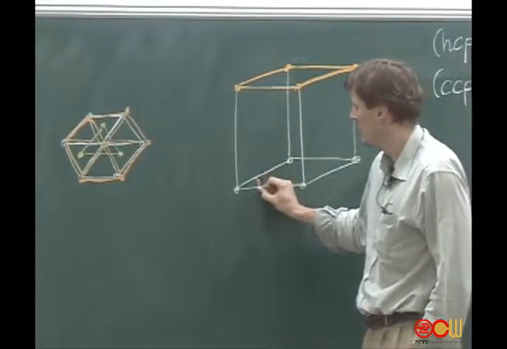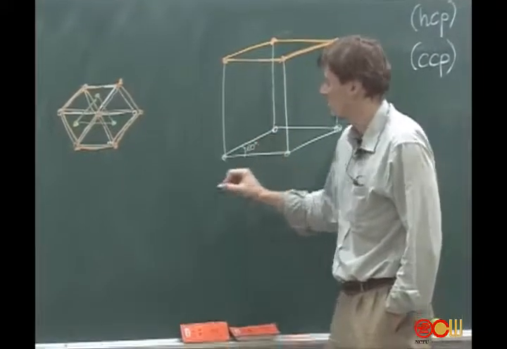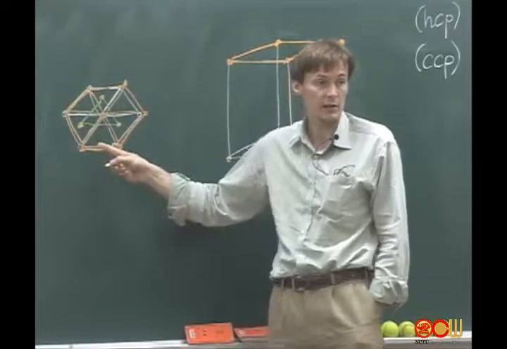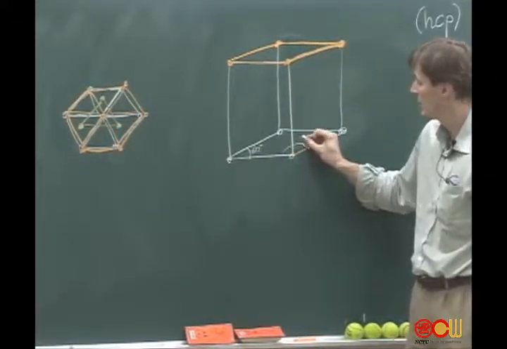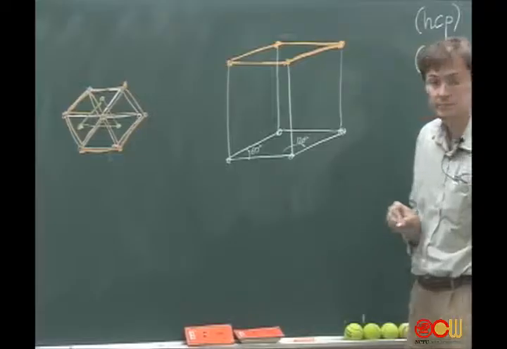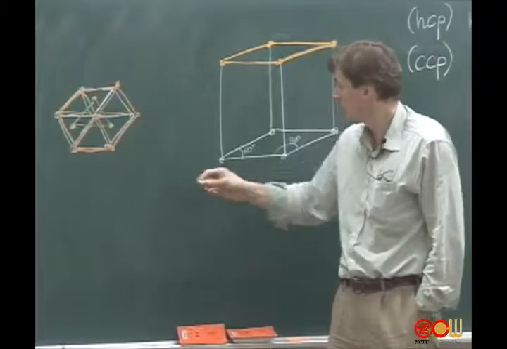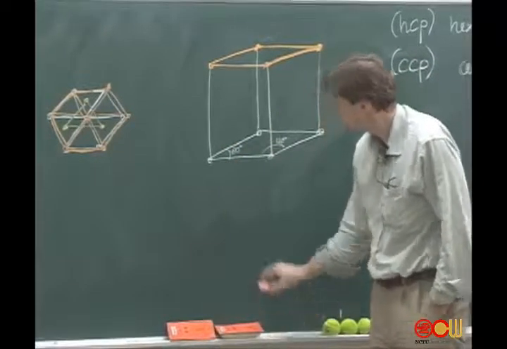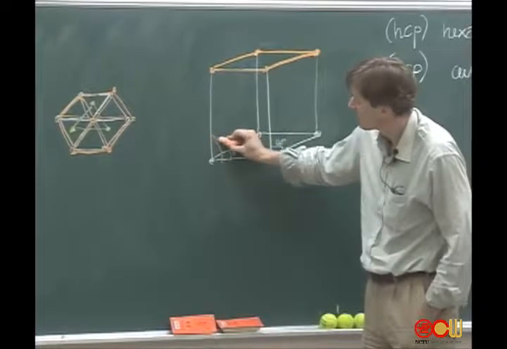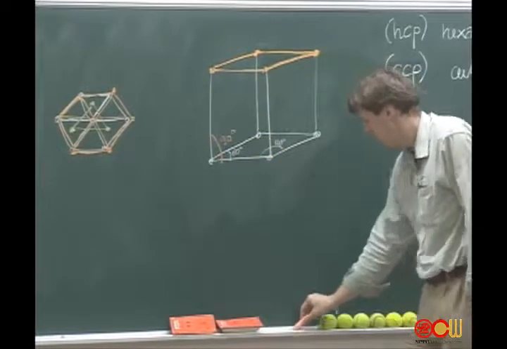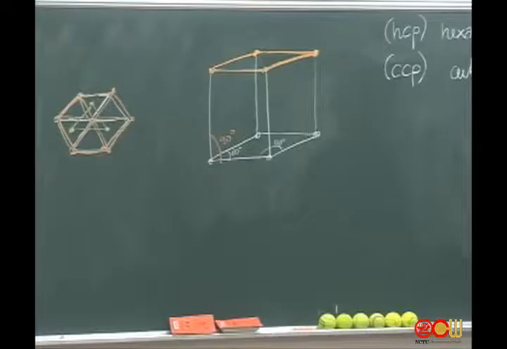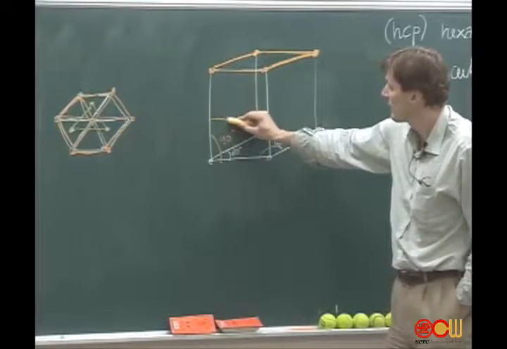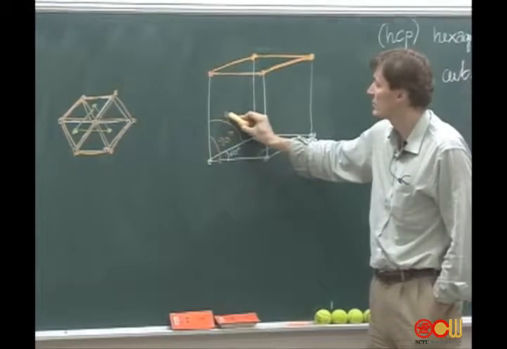Now the angle here is 60 degrees, and this is clear from this one, right? And the angle here is 120 degrees because it's this one. Now the angle here is 90 degrees, and I think it's obvious for everybody, and also the angle there is 90 degrees.